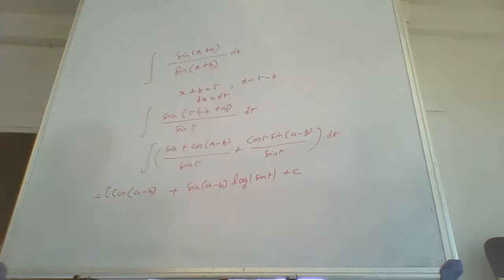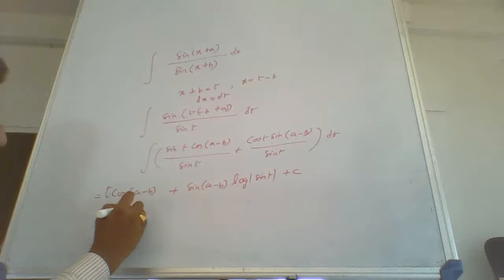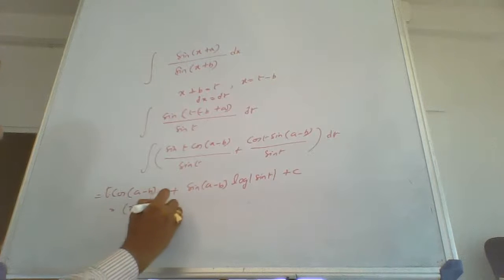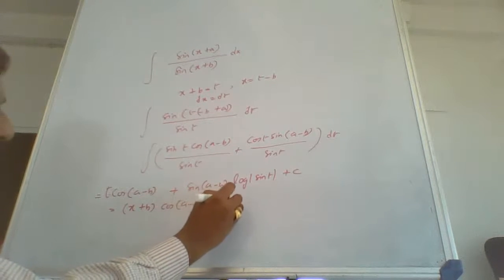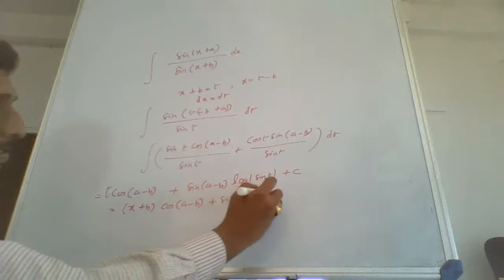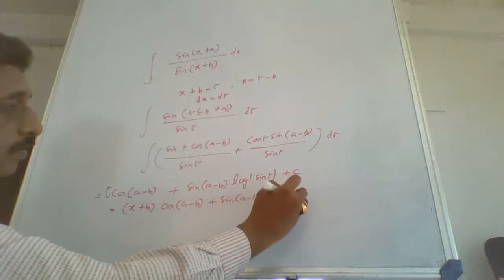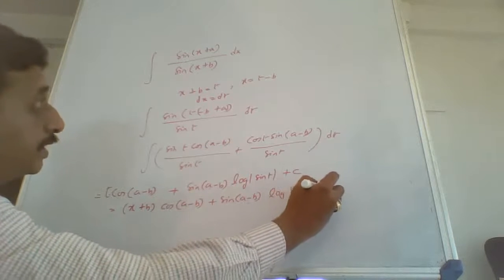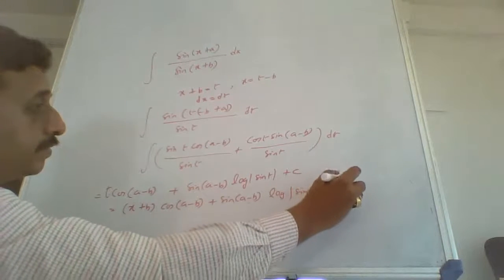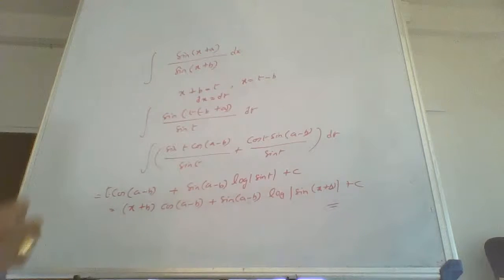Now let us substitute what is t. So this will be x cos of a minus b plus, sine of a minus b, log of sine of t, which is x plus b, plus c. So this is the solution.